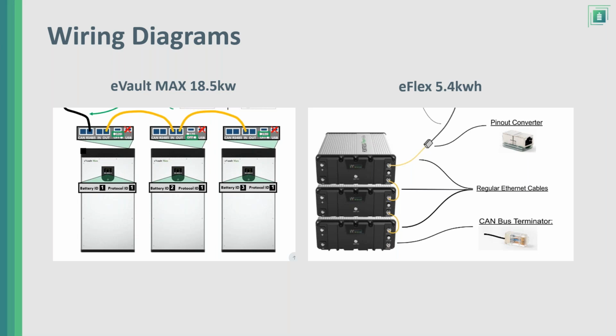As you will see, we have battery ID number one. It's shown as the one that is communicating to the inverter, and you can see that using the yellow Cat5, it's using the two ports on the right side of the battery. And when we decide to go from battery number one into the inverter, we're using the other ports that are available.